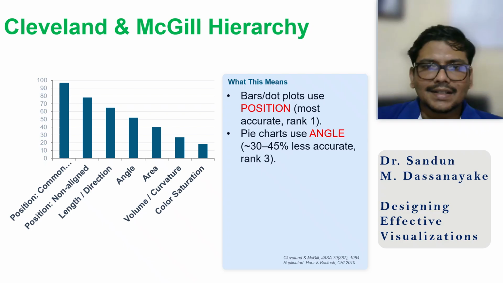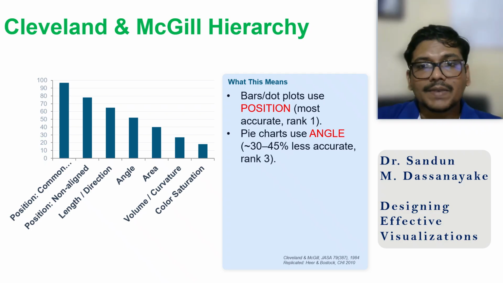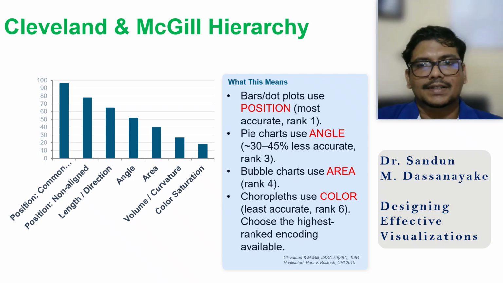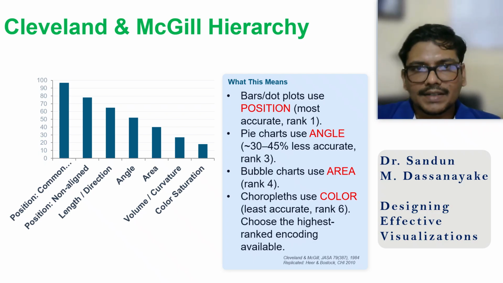The angle is less accurate, hence the pie charts can be misleading. Area and color shading like pie charts and choropleths are decoded the least accurately. The design rule is simple. Always employ encodings as high up that hierarchy as your data permits.